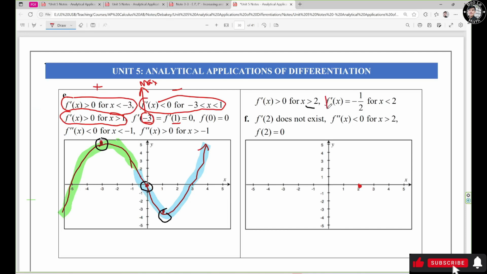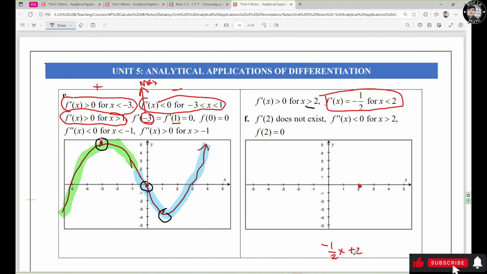And we know that f prime of s equals negative 1/2 for s less than 2. It tells us that the function f of s should be a linear function on this interval, right? So it should be something like this, negative 1/2 s plus 2, something like that, right? For s less than 2.